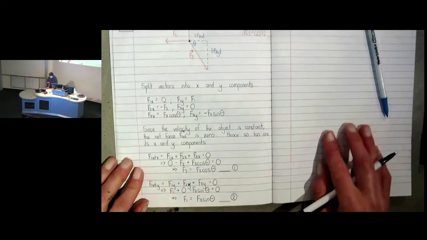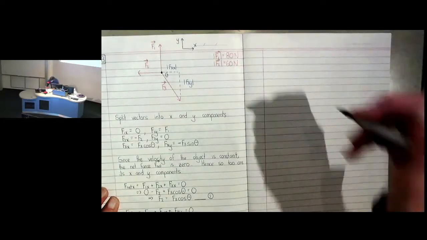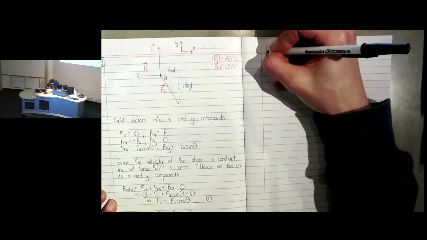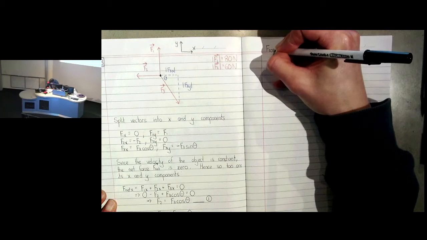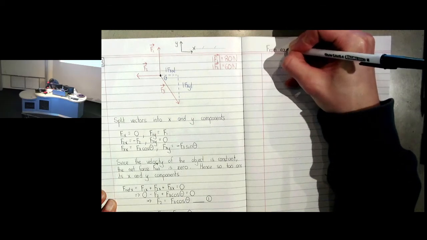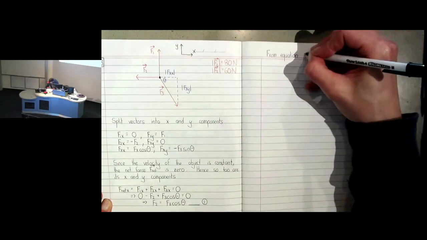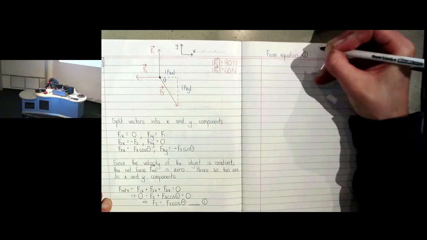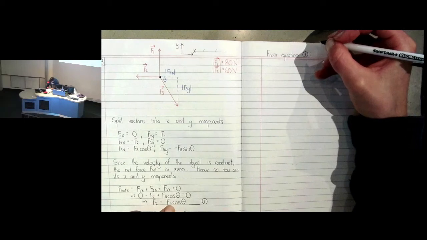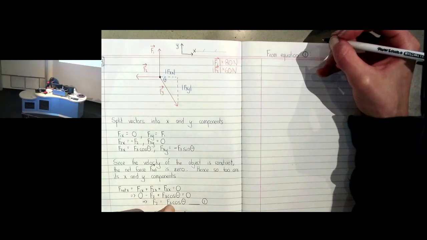Let's solve equation 1 for F3. So we can say from equation 1, we know that to figure out what F3 is, we can just divide both sides by cos of theta.